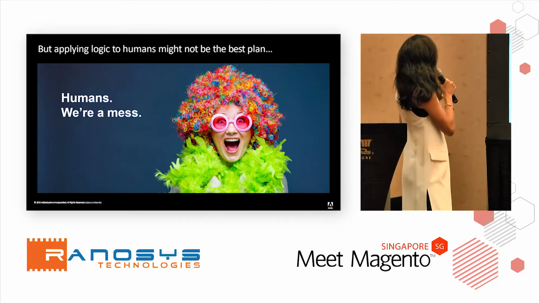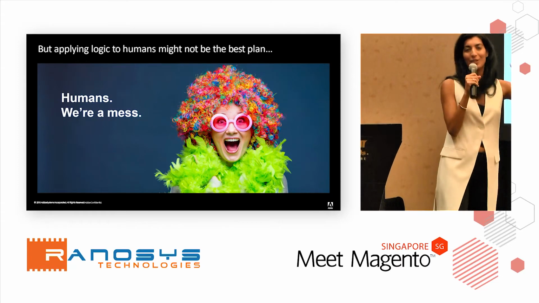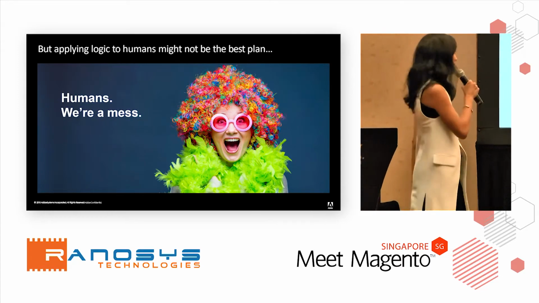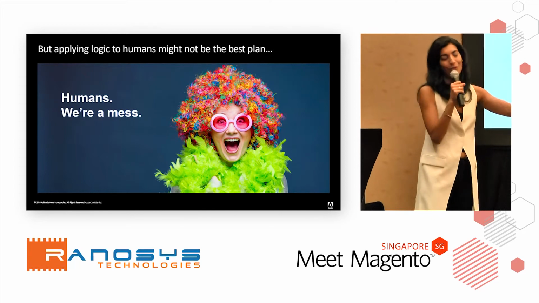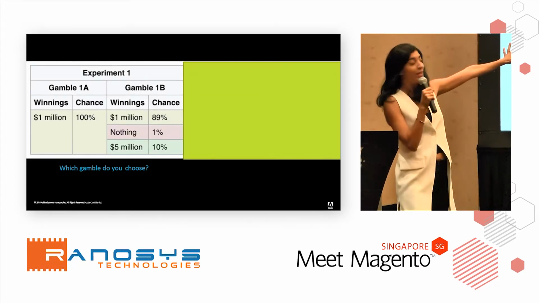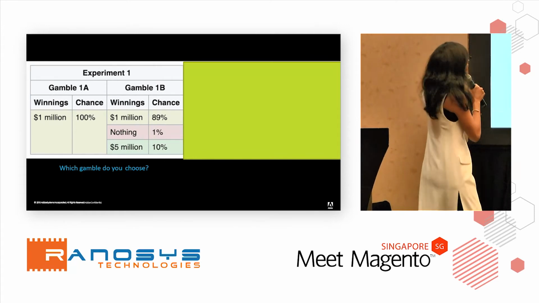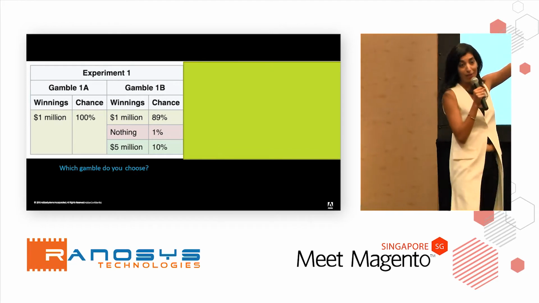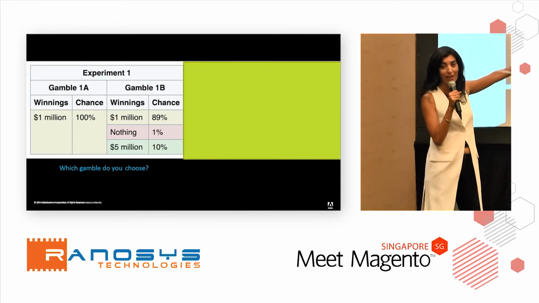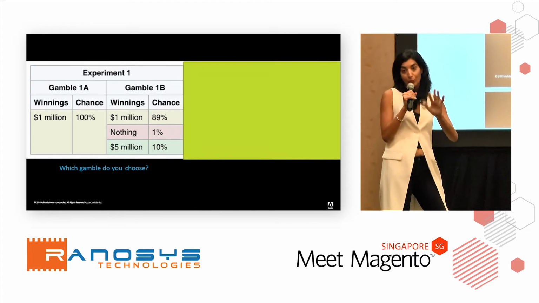So let me do a little experiment to show you some of the cutting-edge research that we're starting to do at Adobe and Magento. This is a small experiment I'm going to run. There are two gambling strategies here: gambling strategy A and gambling strategy B. And we're going to see which one you prefer.